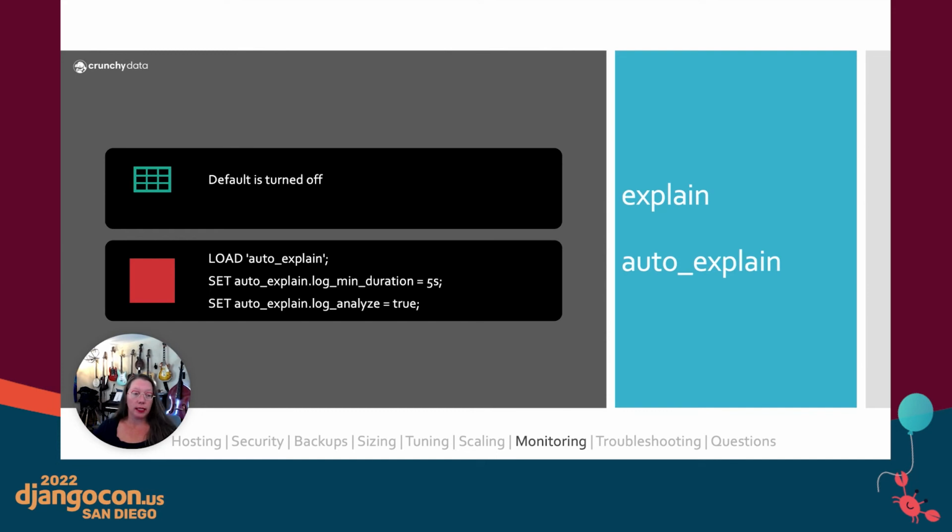But if it takes 10 seconds, you want to know more about the query plan because you want to take a look at what's going on and if you need indexing. So you can set up auto explain to do that for you. And if you're using a monitoring system that has your logs, you can find those explain plans in those parsed logs that are hosted by your monitoring vendor.